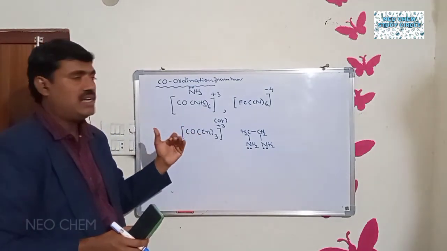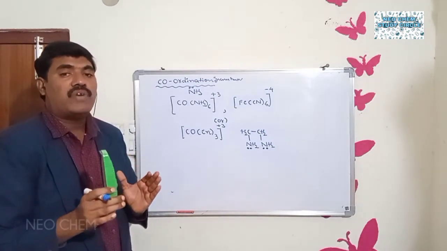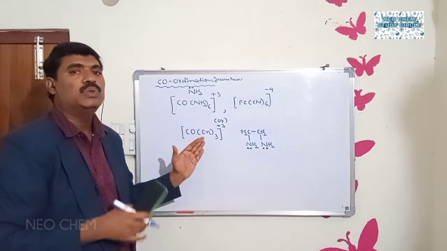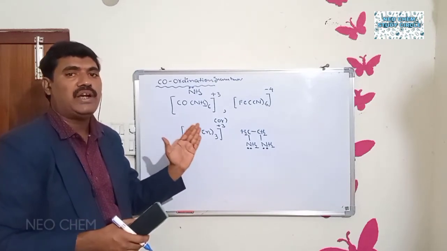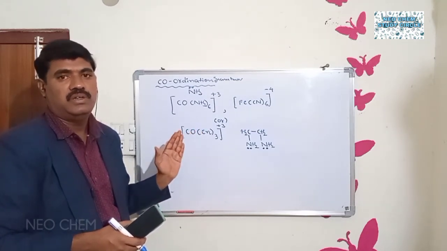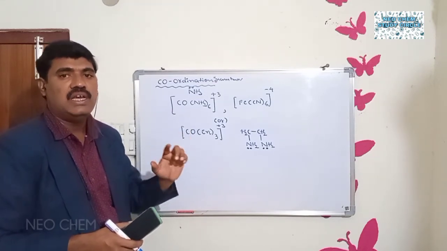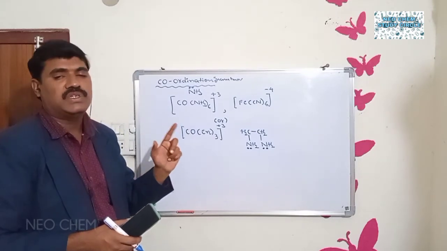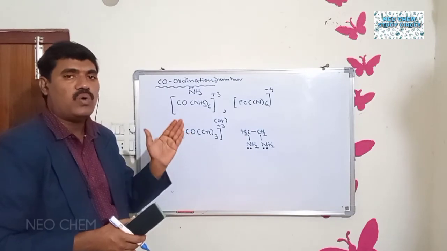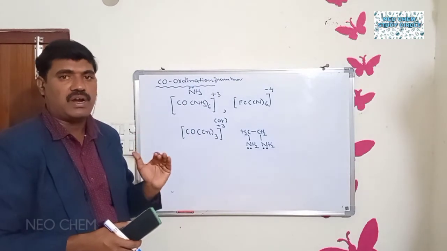So the second definition of the coordination number is the total number of atoms binding with the central metal atom through coordinate covalent bonds is called the coordination number.